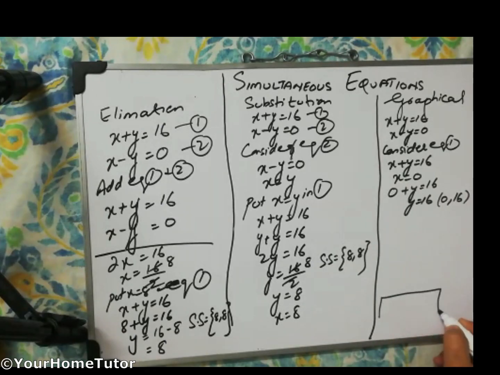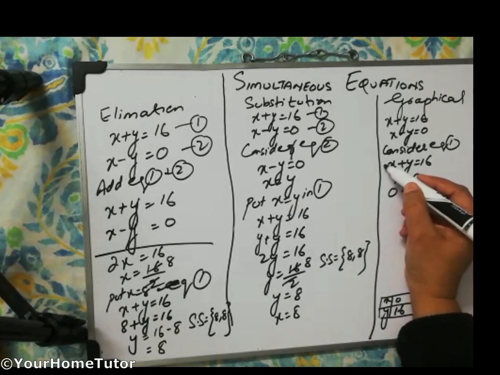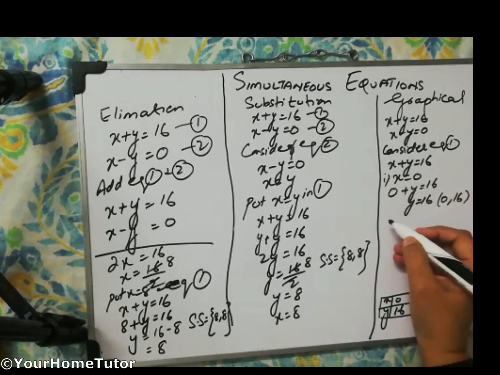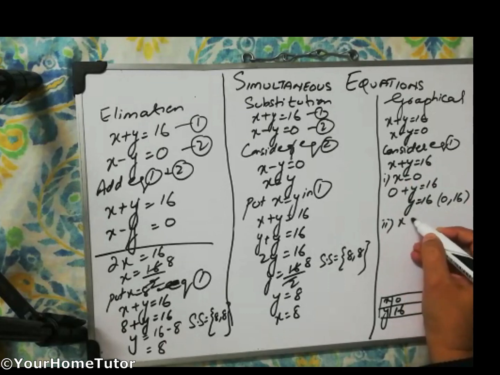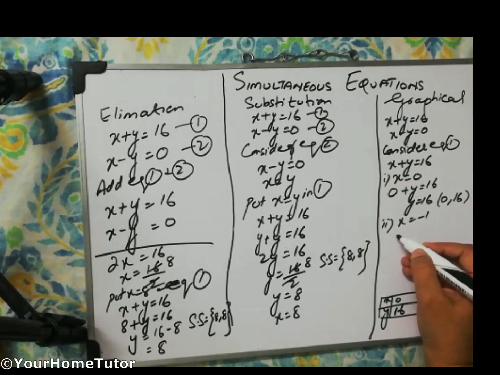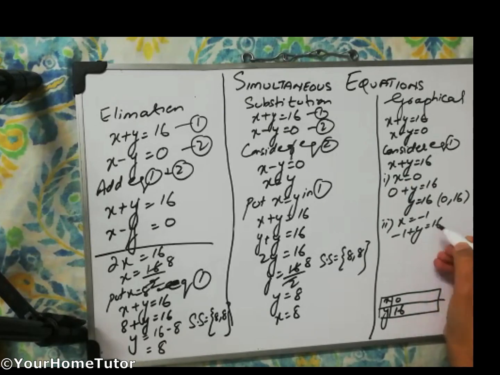We'll make a small box and write down the ordered pair. Similarly, we can take x as minus 1, the choice is ours. In place of x, minus 1 plus y is 16, so it goes to the other side and becomes 16 plus 1, which is 17.